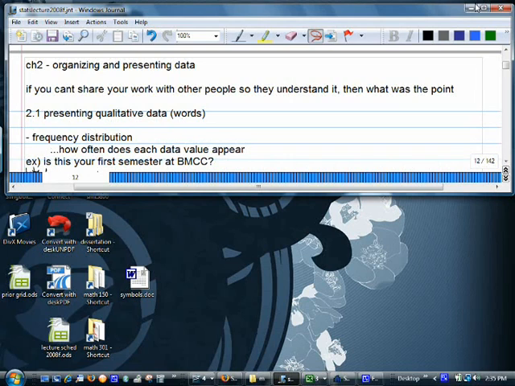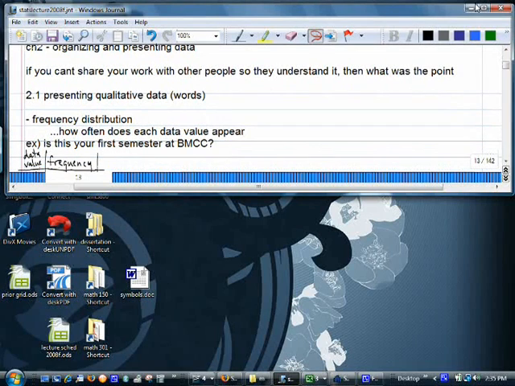So we just make a very simple table. Data value and frequency. And what does frequency mean? How often it appears. Right. Okay. So what's the first data value? What are the possible data values for this question? What are possible responses? That's your data.